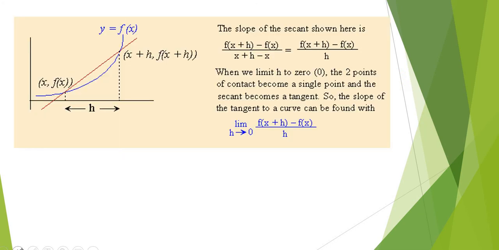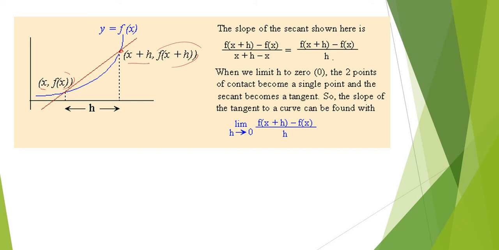Okay, here's another explanation, a little bit more graphic. The slope of the secant line, shown here in red, is f of x plus h, that's the y value of my second point, minus f of x, the y value of the first point, over x plus h, the x value, minus x.